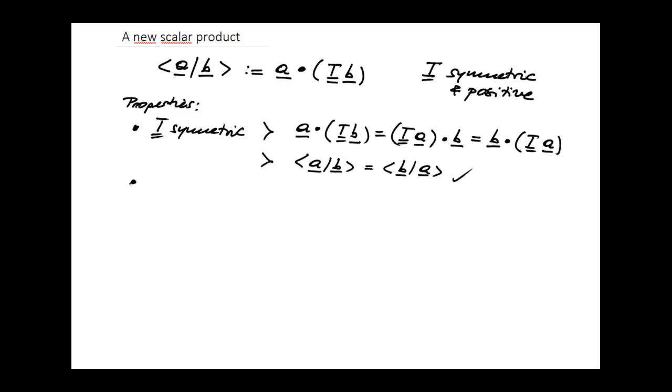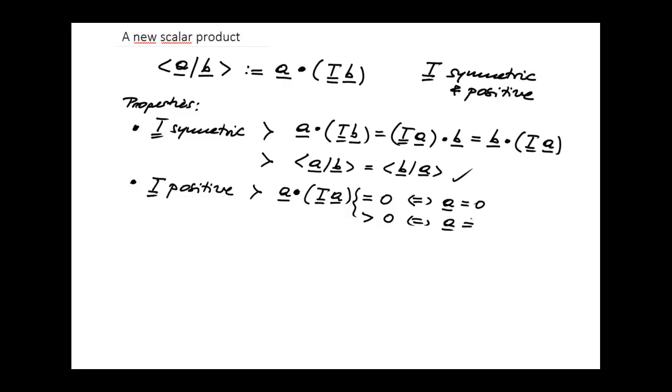Then we can look at the consequences of the fact that the matrix T is strictly positive. If the matrix T is strictly positive, then this implies that if we take an arbitrary vector A, the ordinary scalar product of A with TA is 0 if and only if A is 0, and it's strictly larger than 0 otherwise, so when A is different from 0.